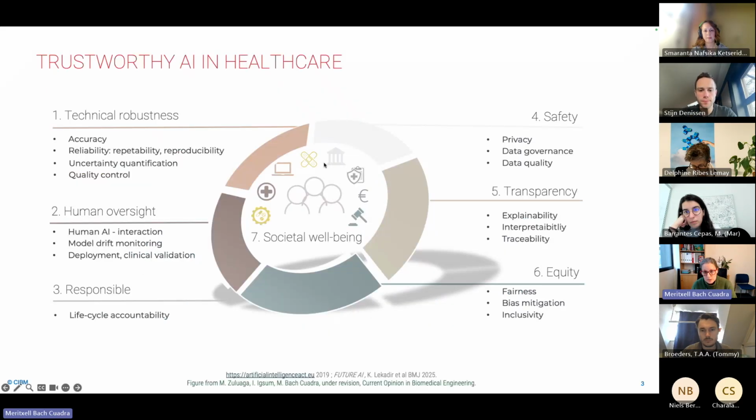Maybe one comment, just to have you all on the same page about trustworthy AI, which we have heard a lot about. You are biased because you are here in this journal club, so you probably know, but it's really about these core principles that I describe here in these categories. I was not the first; it was already done by the FUTURE-AI initiative.